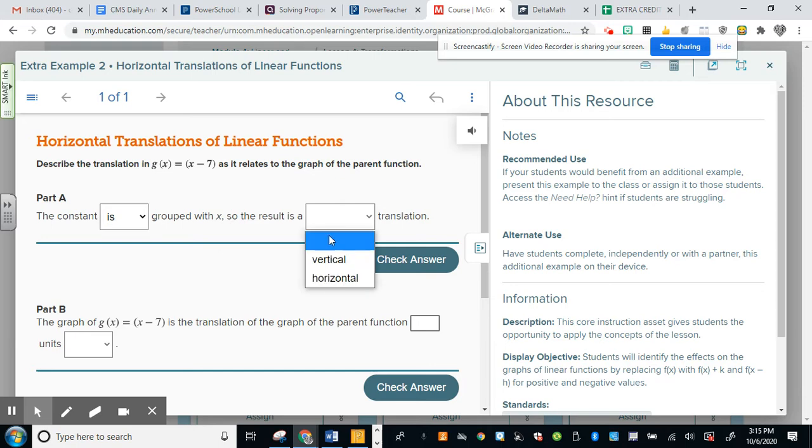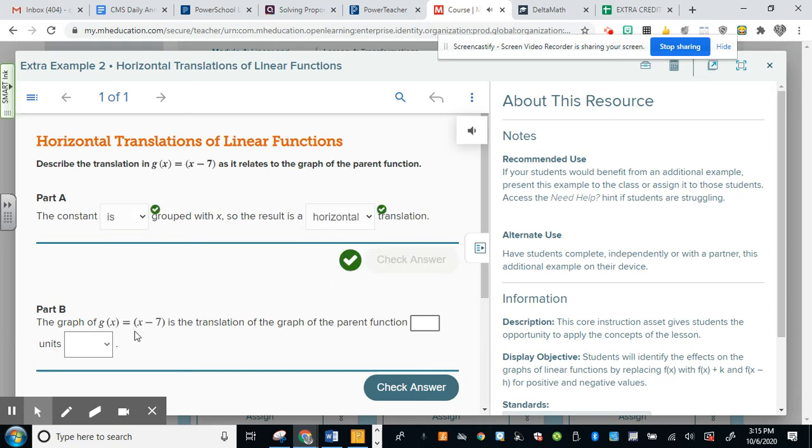So the result is a horizontal. It's hugged. So the graph means, since it's in parentheses, remember, you would think this is 7 units. We get that part. But now, is it left or right? Now, you would think left because it's negative, but it's the opposite because it's in parentheses. So it is right.